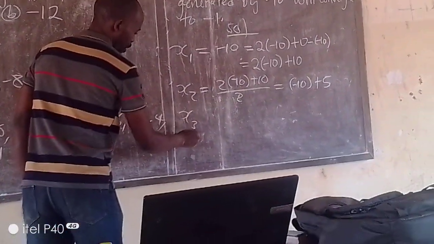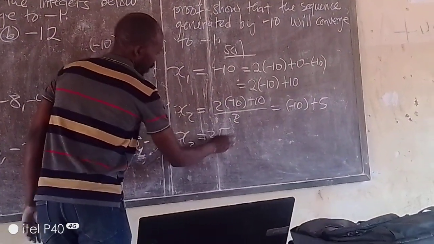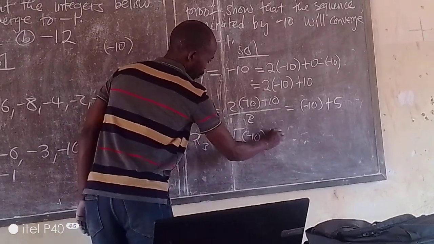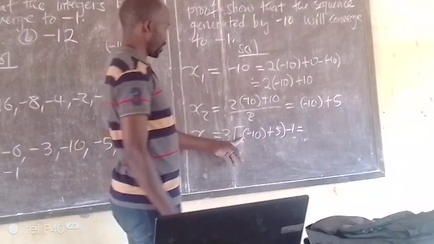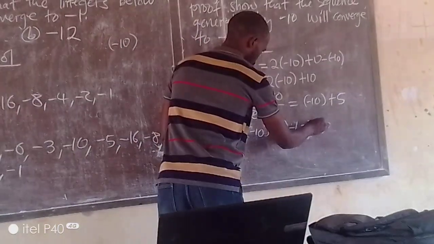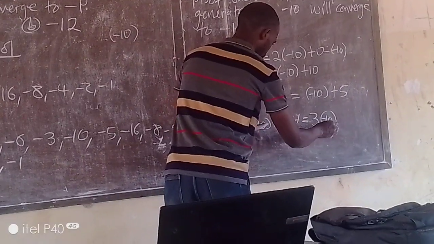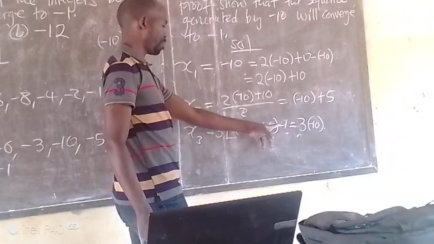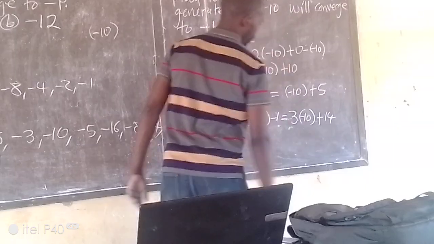So x3 is equal to 3 multiplied by negative 10 plus 5, then minus a 1. This will give us 3 times negative 10, then 3 times 5, that is 15, 15 minus 1, 14, so plus 14 here.